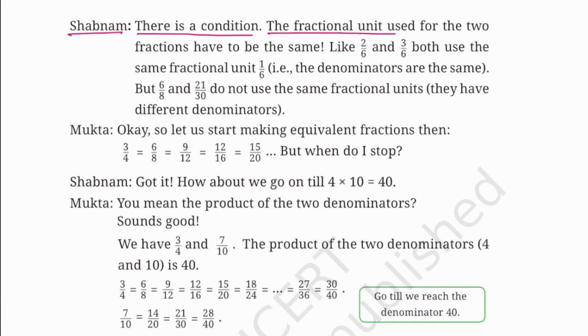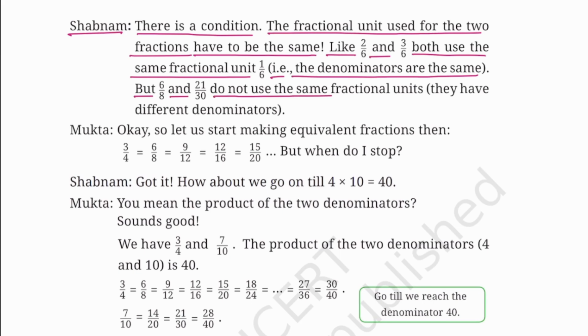The fractional units used for the two fractions have to be the same, like 2 upon 6 and 3 upon 6. Both use the same fractional unit 1 upon 6, that is, the denominators are the same. But 6 upon 8 and 21 upon 30 do not use the same fractional units. They have different denominators.